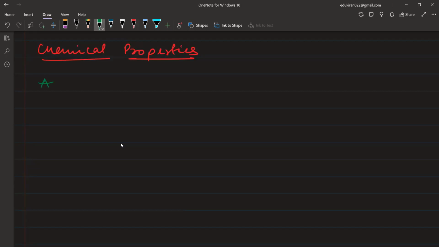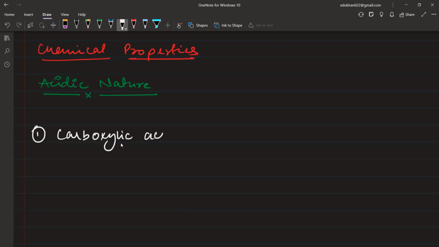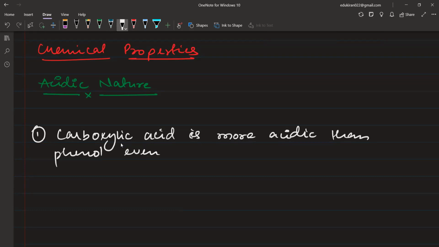And in acidic nature, there are a few conclusions that you have to remember. जो सबसे पहला है, that is carboxylic acid is more acidic than phenol, even though phenol has more resonating structure.